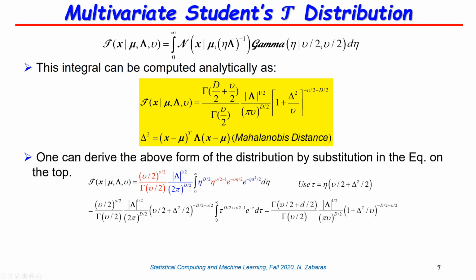It is the gamma function itself evaluated at the argument that you see here, and that's how, with a two-line calculation, we do get the student t distribution.